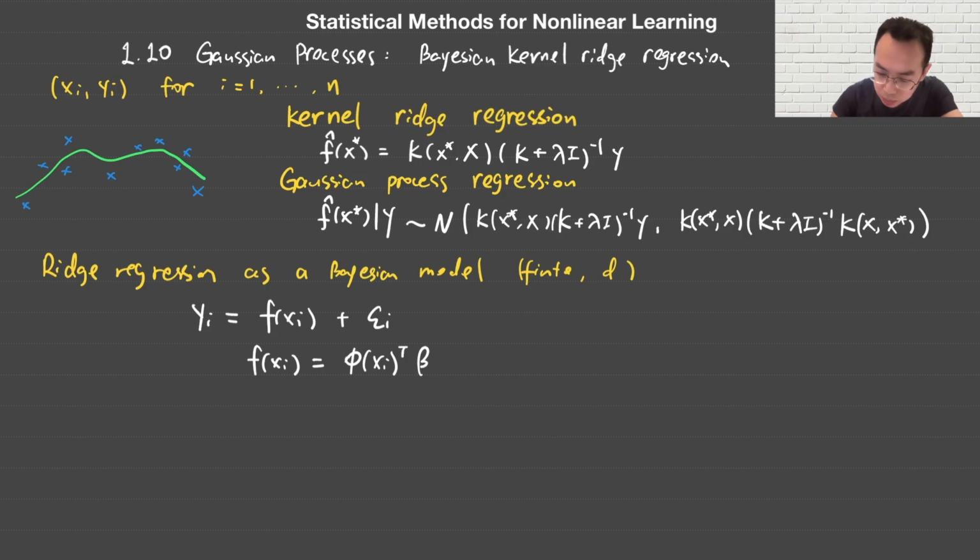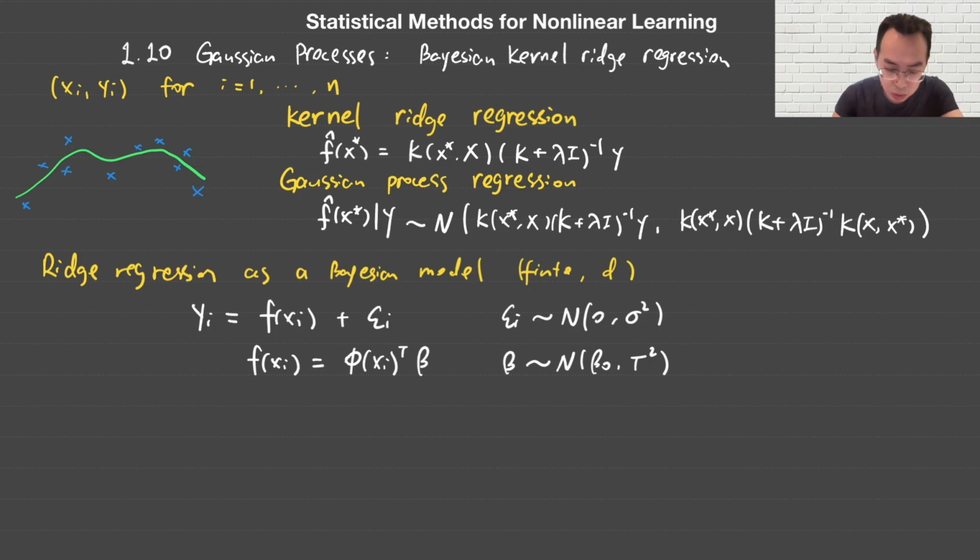So we assume a distribution for epsilon: epsilon is a noise that is distributed as a normal with mean 0 and variance sigma squared. Then in the Bayesian model, beta, our parameter, will have a prior distribution. Let's say beta is distributed as normal with mean beta 0 and variance tau squared. It's still going to be a normal distribution.